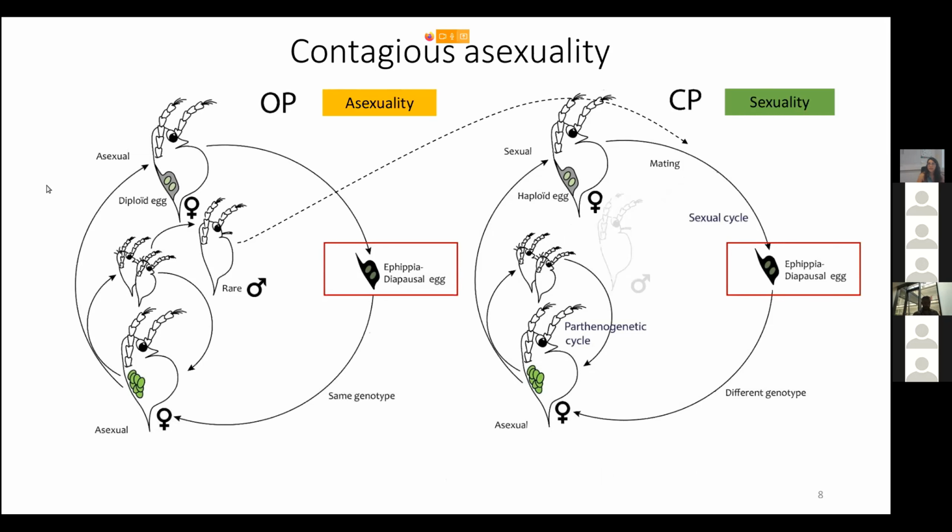Moreover, we know that these asexual lineages are still able to produce males, which we call rare males, that can mate with sexual females and transmit asexuality into new lineages. This process is called contagious asexuality, and it's what we used to produce our new asexual lineages.